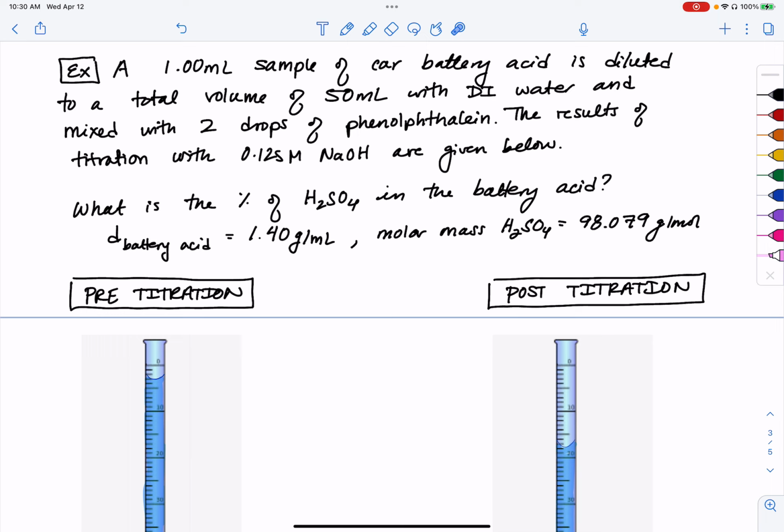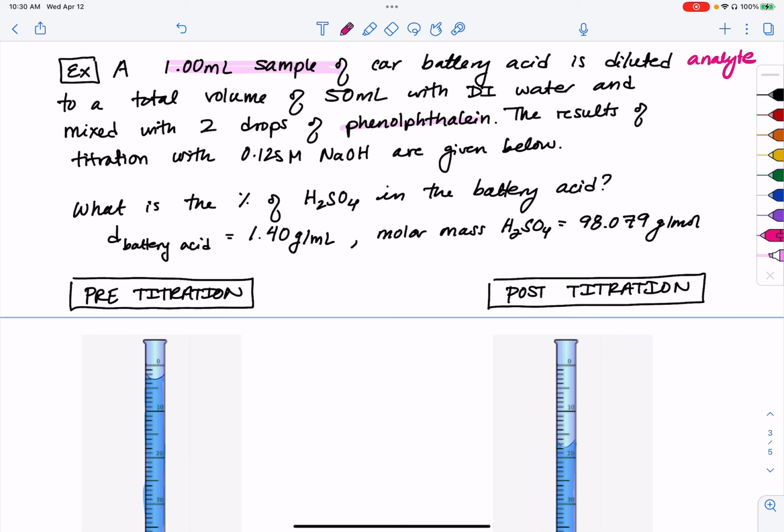So I am told that a 1.0 milliliter sample of car battery acid is diluted to a total volume of 50 milliliters with deionized water and mixed with 2 drops of phenolphthalein. Since I have an indicator present and a sample of something that is to be tested, this is probably going to be my analyte.